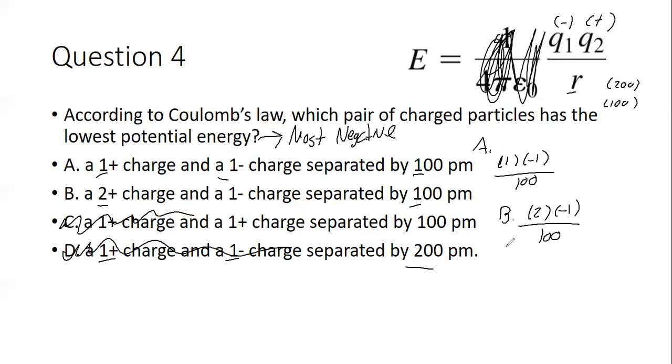Denominator is the same, so I don't need to worry about that. I can ignore that. So A is -1, B is -2. My winner is B. And I could do that without showing you the equation by just saying, well, the distances are the same. We have a plus and minus in both cases. So the thing that's going to be the most negative is the thing with the biggest charges.